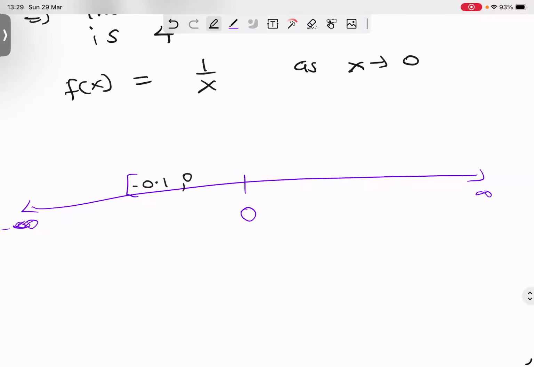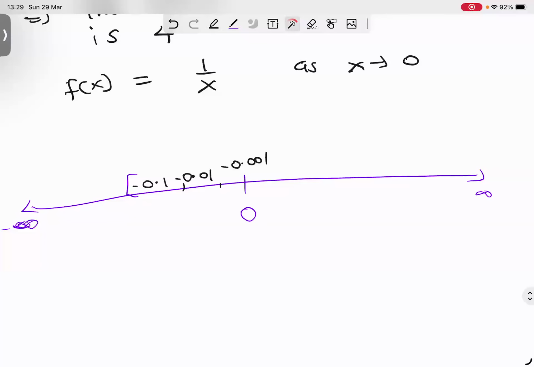We can also pick negative 0.01. And then we can also pick negative 0.001. These are numbers that are closer to 0 from the negative infinity direction.